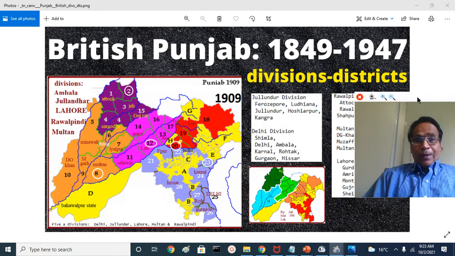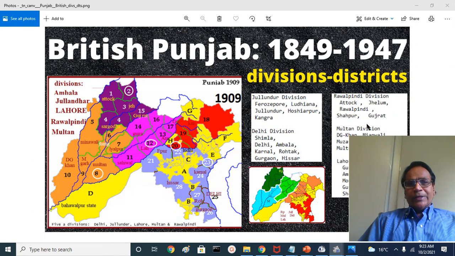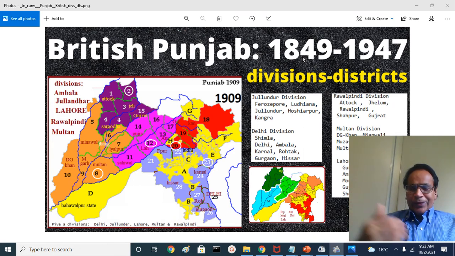Today's part is about British Punjab. As we discussed, it survived from 1849 to 1947. After the first and second Sikh Wars, Lord Dalhousie, the Governor General, decided to annex Punjab.